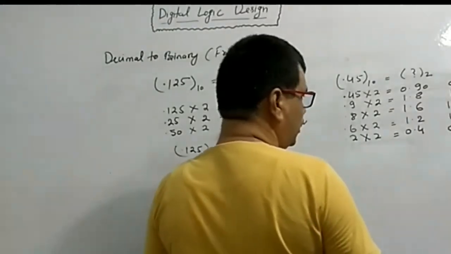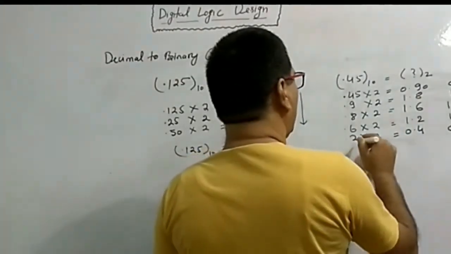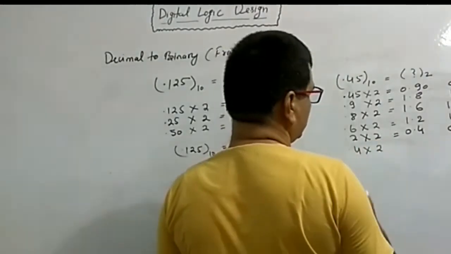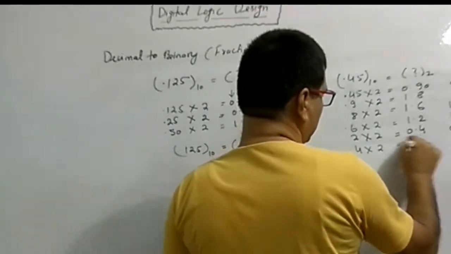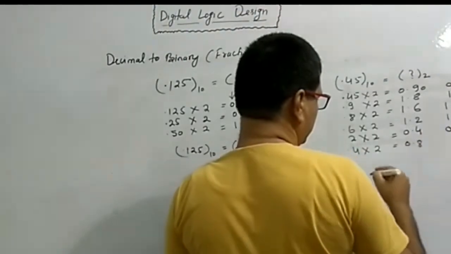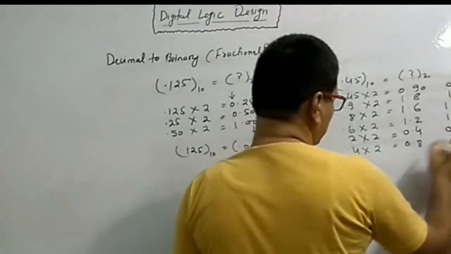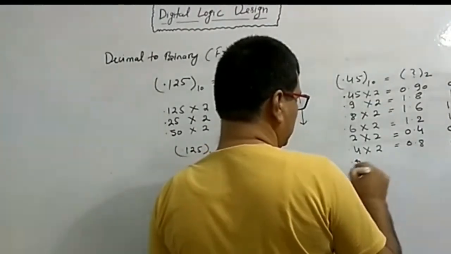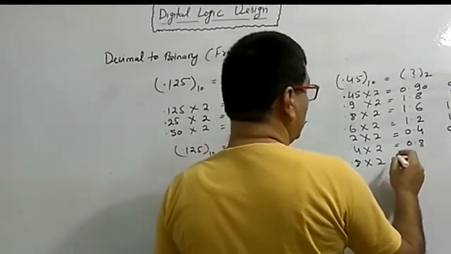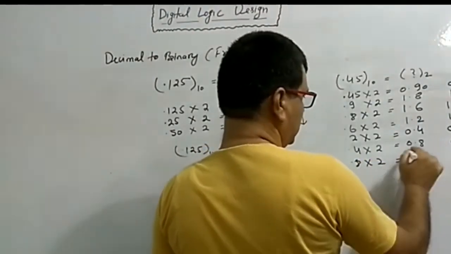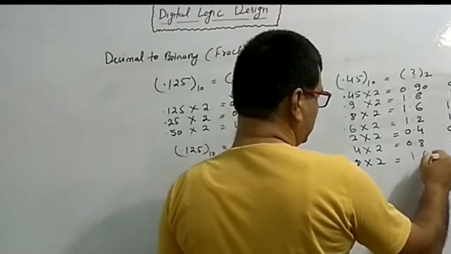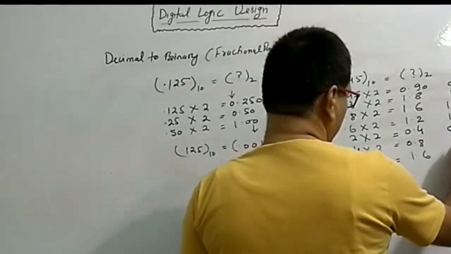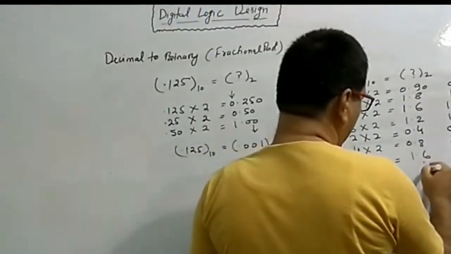Integer part is 0. Again 0.4 multiplied by 2 is 0.8. Integer part 0. Again multiply 0.8 by 2, which is 1.6. Integer part 1, and so on.